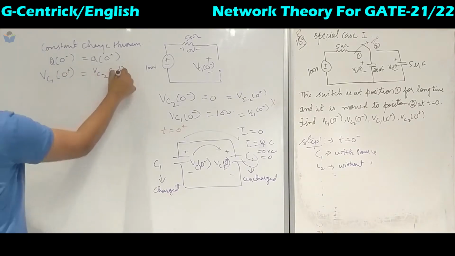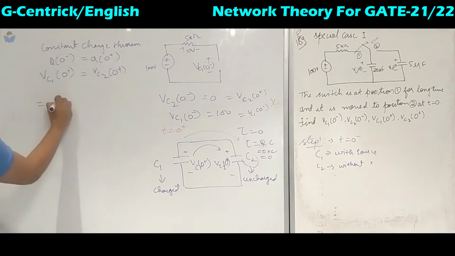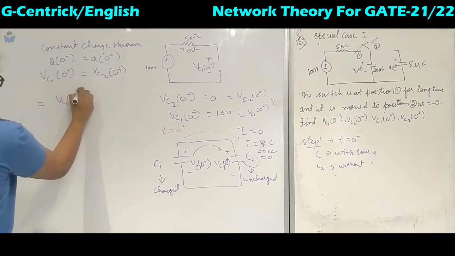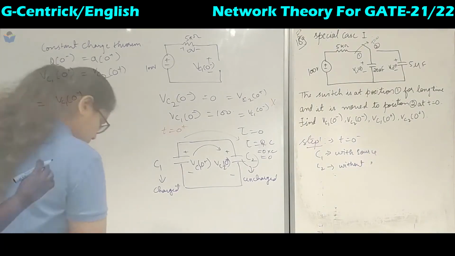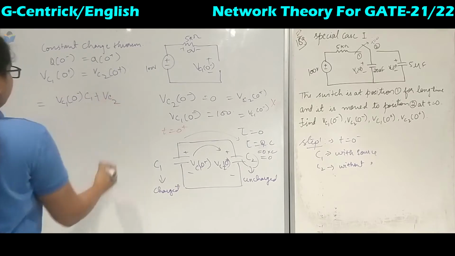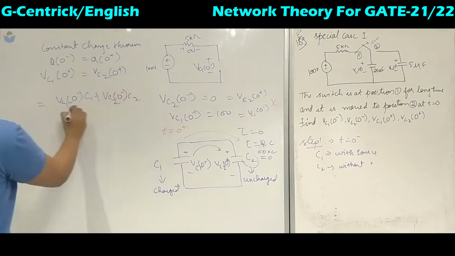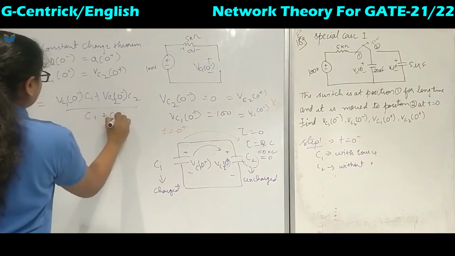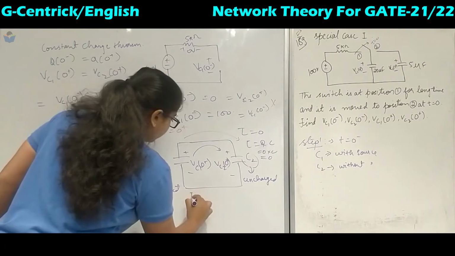Sorry, this is plus. Okay, so our formula says that this will be equal to Vc1 of 0 minus into C1 plus Vc2 of 0 minus into C2, divided by C1 plus C2. Okay, so this is nothing but the impulse.